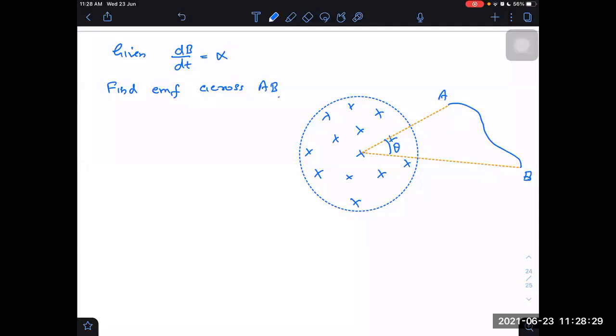Can you find out the EMF across AB? Zero.